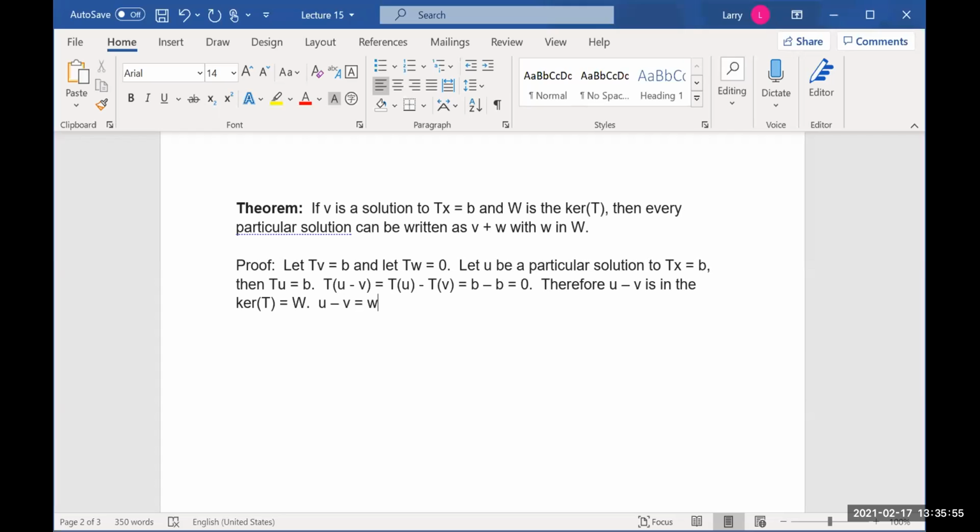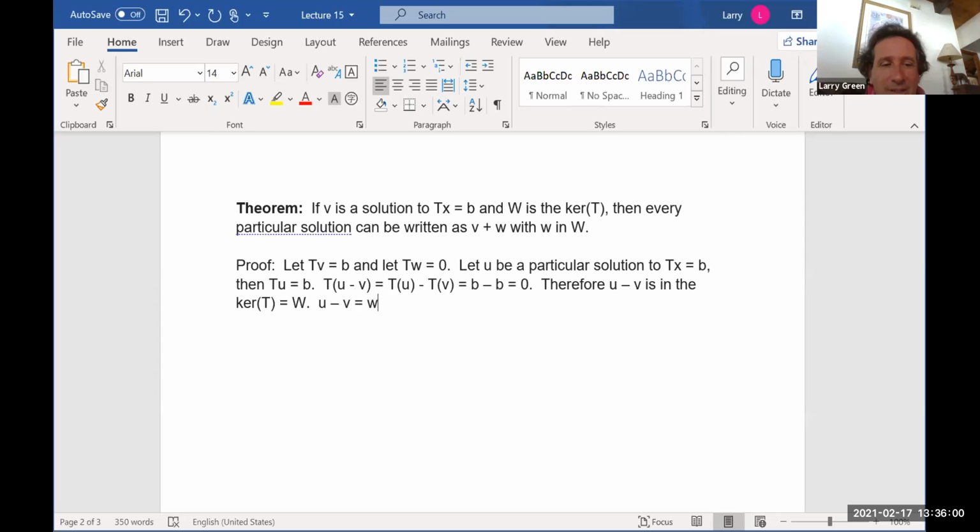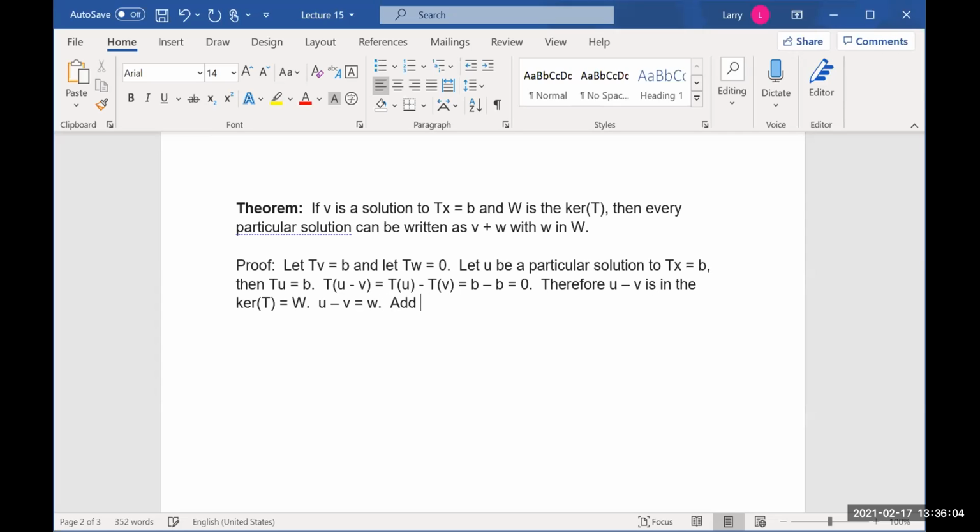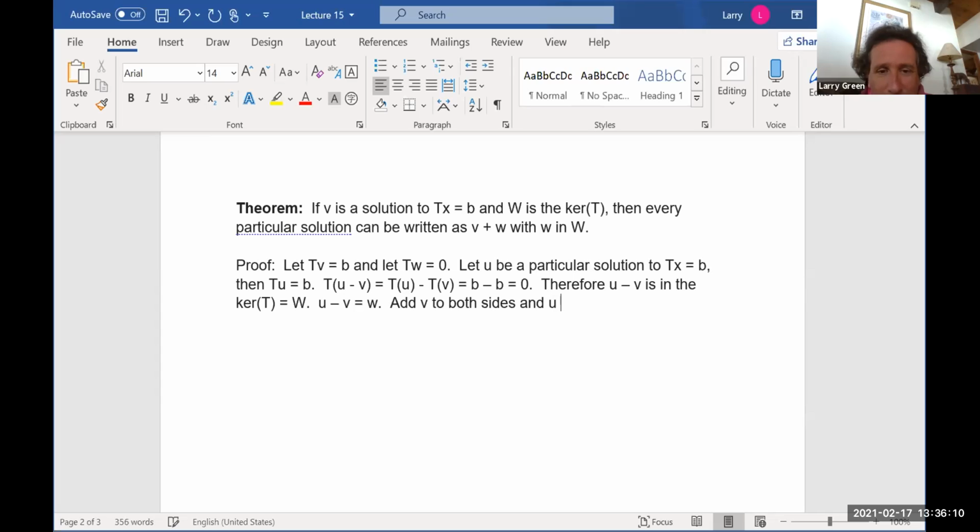Yeah, we just move v to the other side. We just add v to both sides, and u is equal to v plus w.